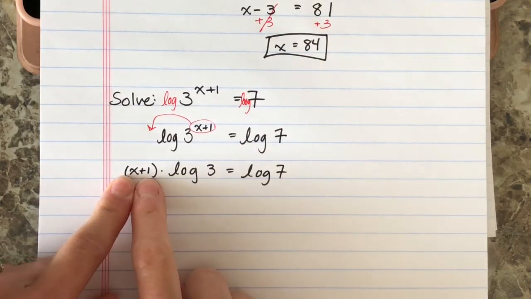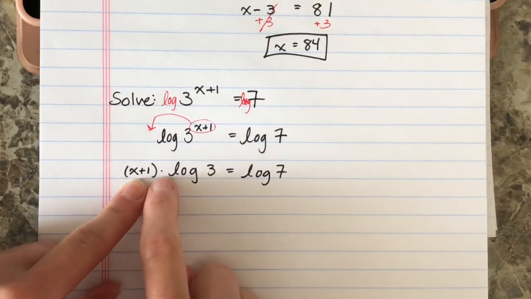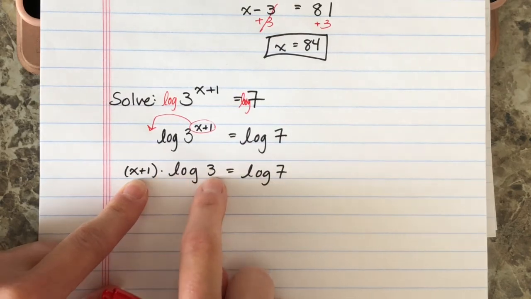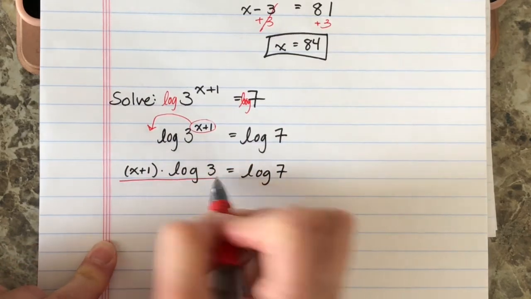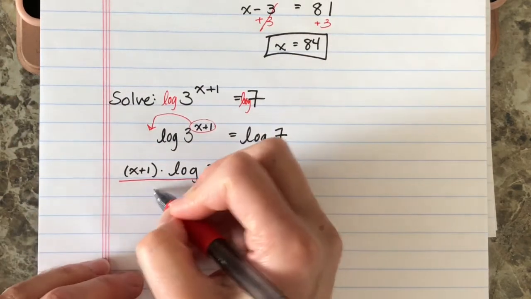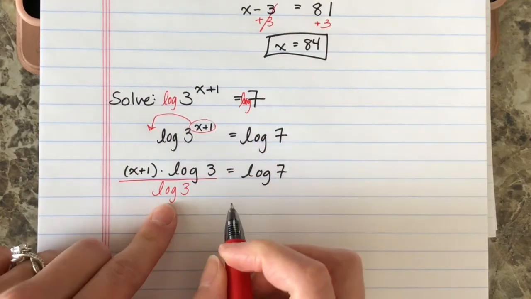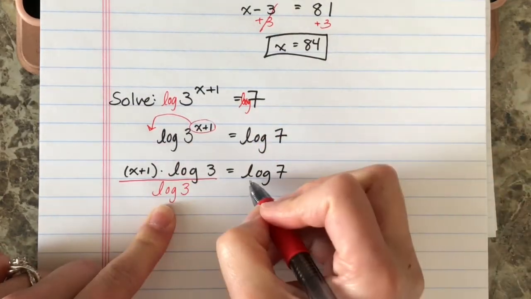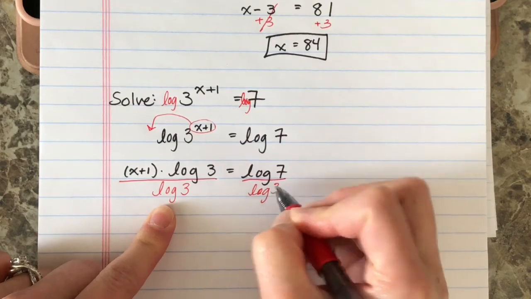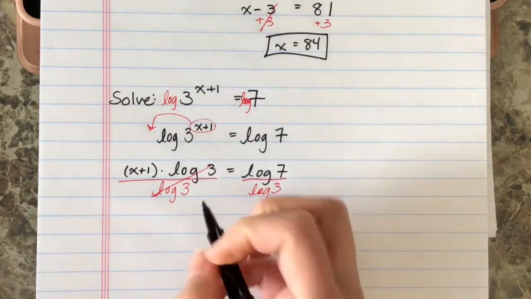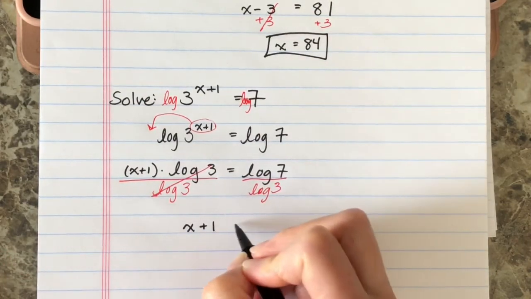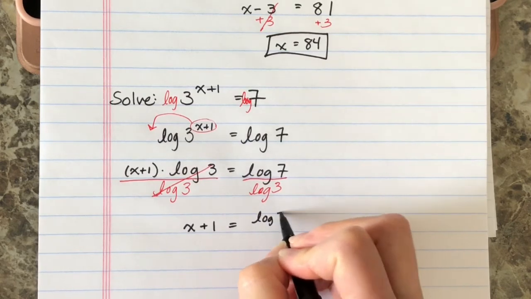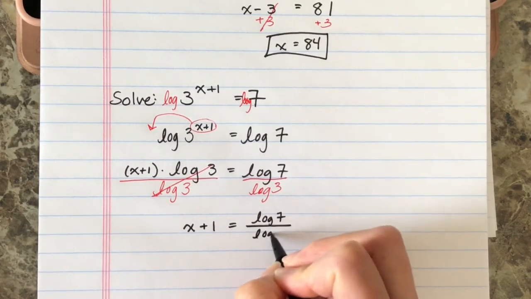My x is right here in this parenthesis that's being multiplied by a log of 3. So how do you undo multiplication? Division. I'm going to divide this by log of 3. What you do to one side, you do to the other. Log of 3, bam, bam. Now on the left side, I simply have x plus 1 equals log of 7 over the log of 3.